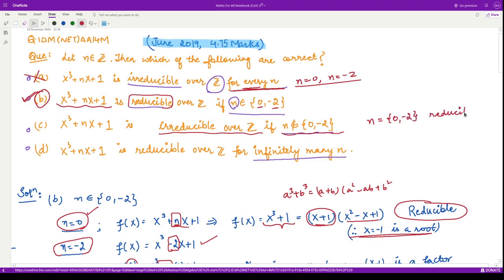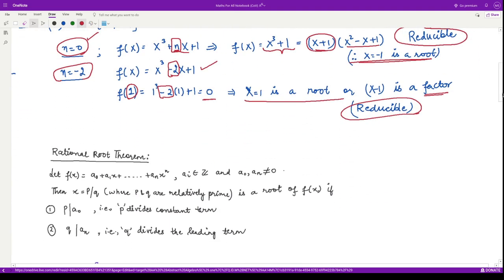Now, is there any other n such that the polynomial is reducible? If not, we can say that this polynomial is irreducible over Z for every value of n except these two. So we need to look for any other values of n apart from 0 and minus 2 such that the polynomial is reducible. If so, this option is incorrect.